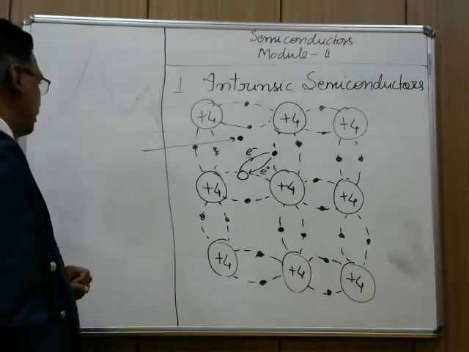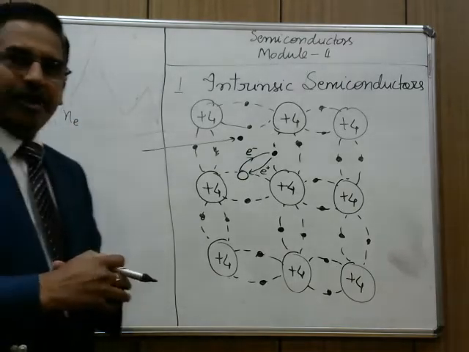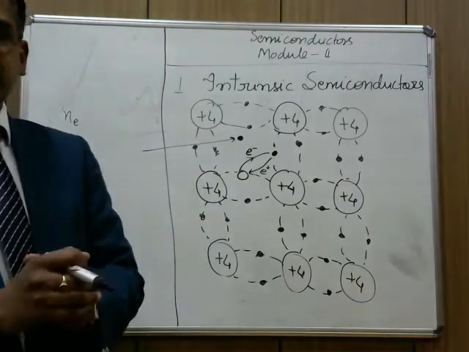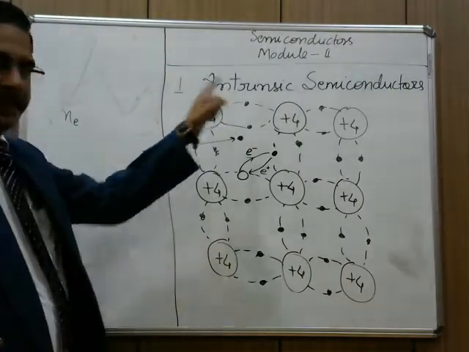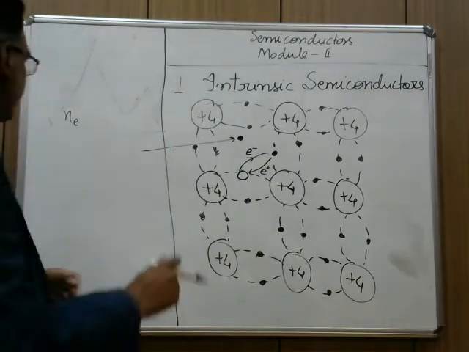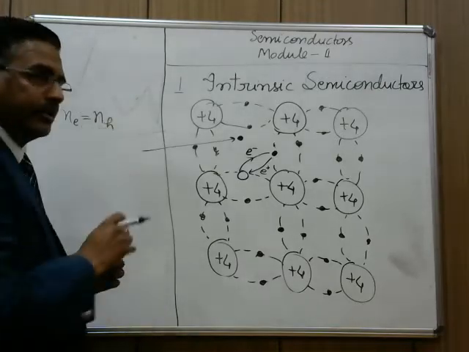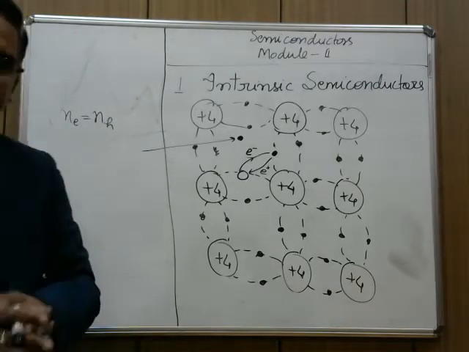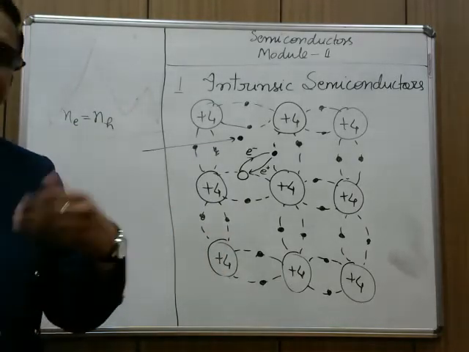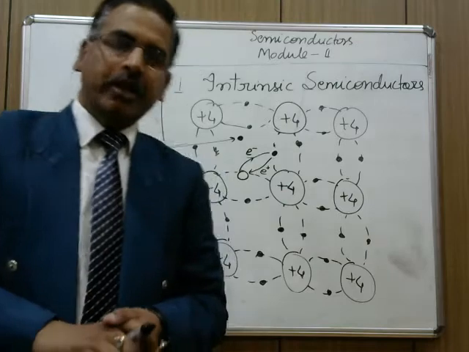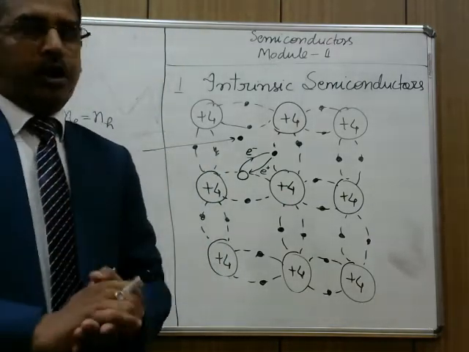Therefore, concentration means the number of electrons present per unit volume. The concentration of electrons in an intrinsic semiconductor is equal to the concentration of holes. What does it mean? It means as many electrons as there are per unit volume, the same amount of holes will also be present in the intrinsic semiconductor. Both numbers will be equal.